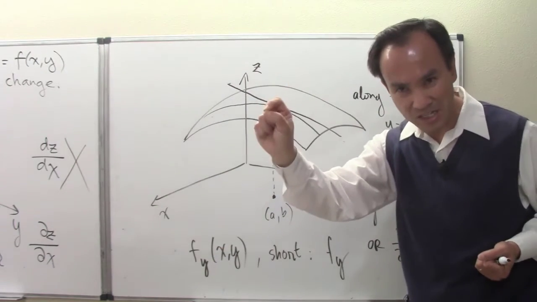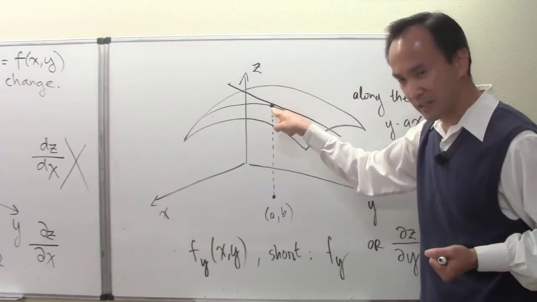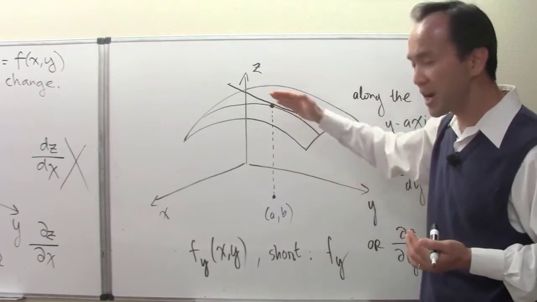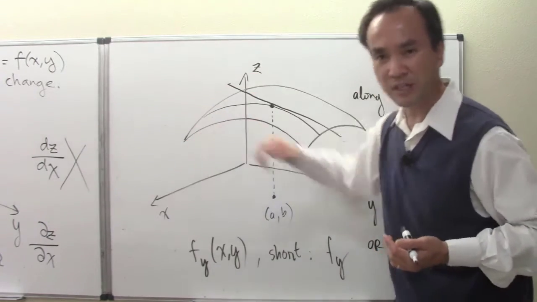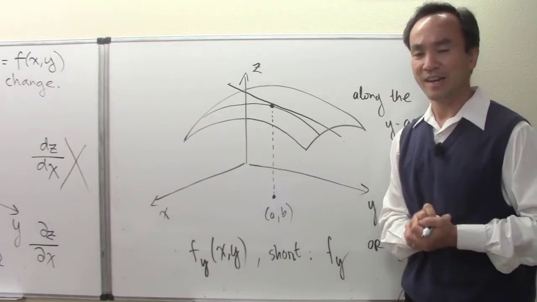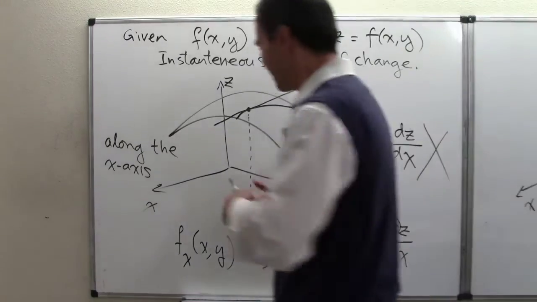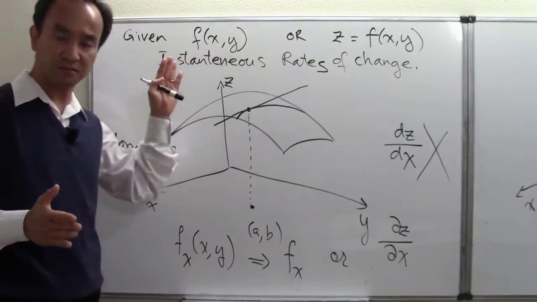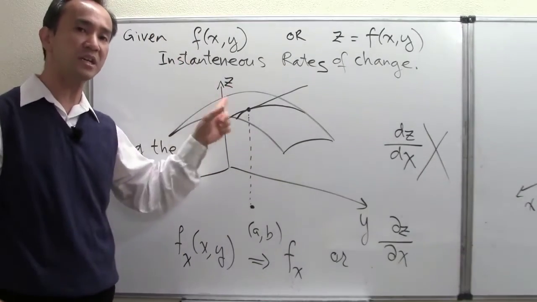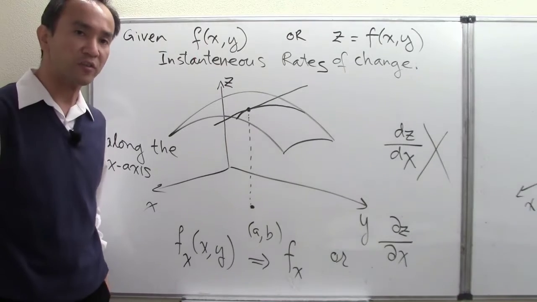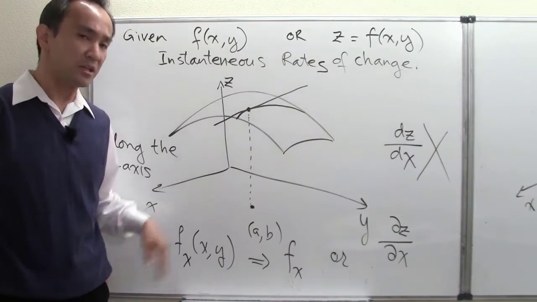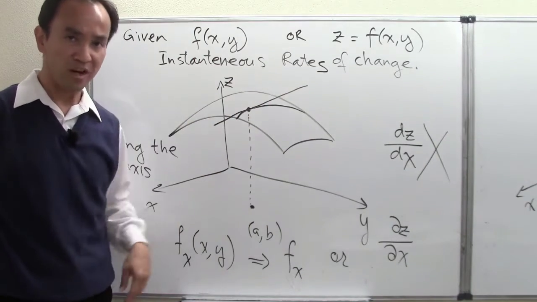At that instance, being the point on that surface right there, there's an instantaneous rate of change with respect to x. Okay, and that once again concludes our understanding of what it is to be the partial derivative with respect to x, or y, and whatever.